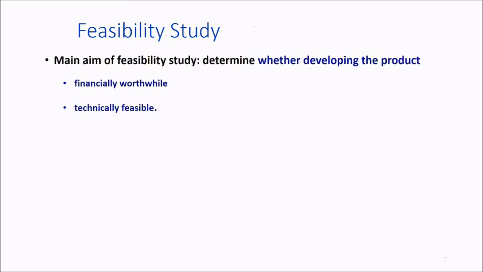What about feasibility study? The main aim of feasibility study is to determine whether the development of the product is financially worthwhile. Here we assess the economic part: is it worth making the software? And second, if financially worthwhile, we also have to check whether it is technically feasible, because we may put in a lot of money and find it technically infeasible.